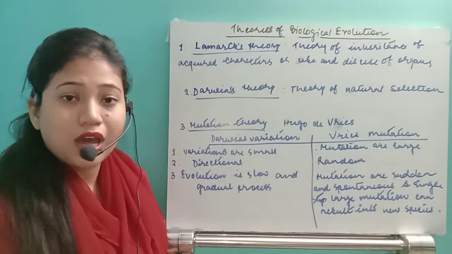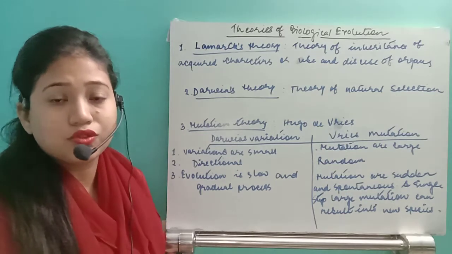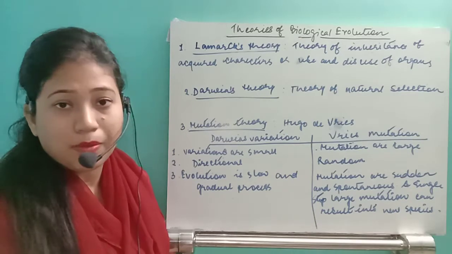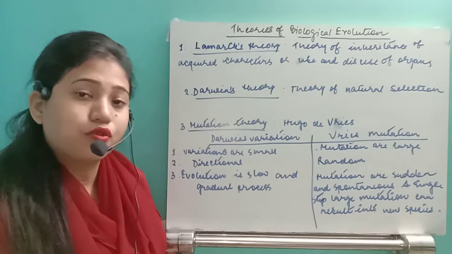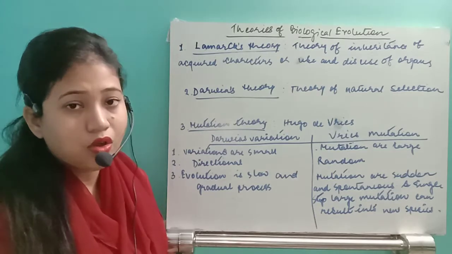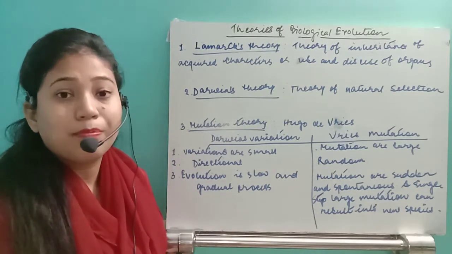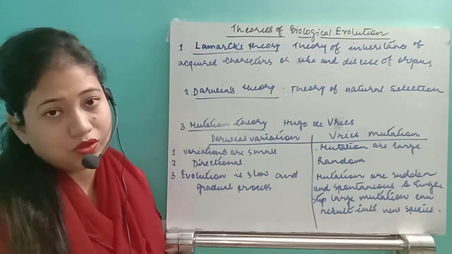We use the eye continuously for reading or watching, but the power of the eye does not increase, rather it decreases, right? So if we use an organ, it will not become a permanent character and will not pass to the next generation, right?